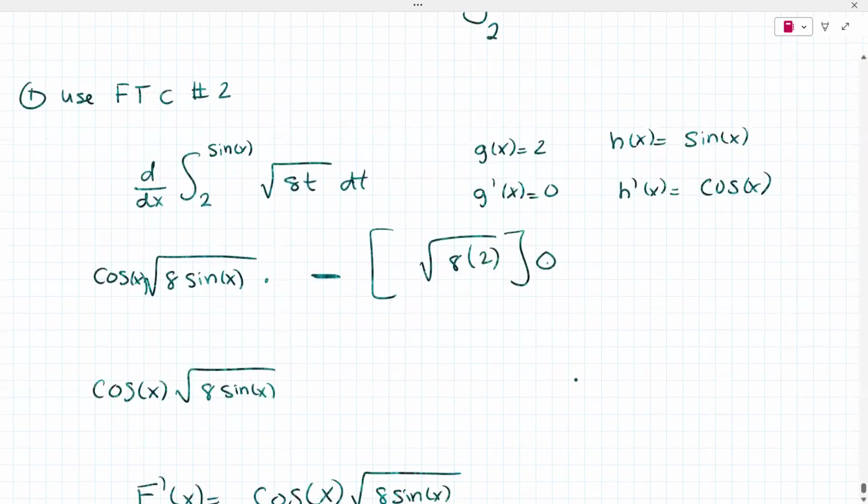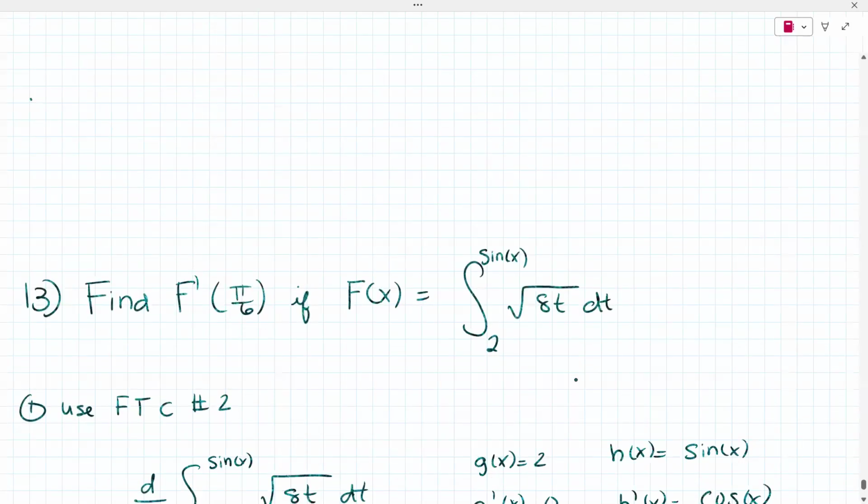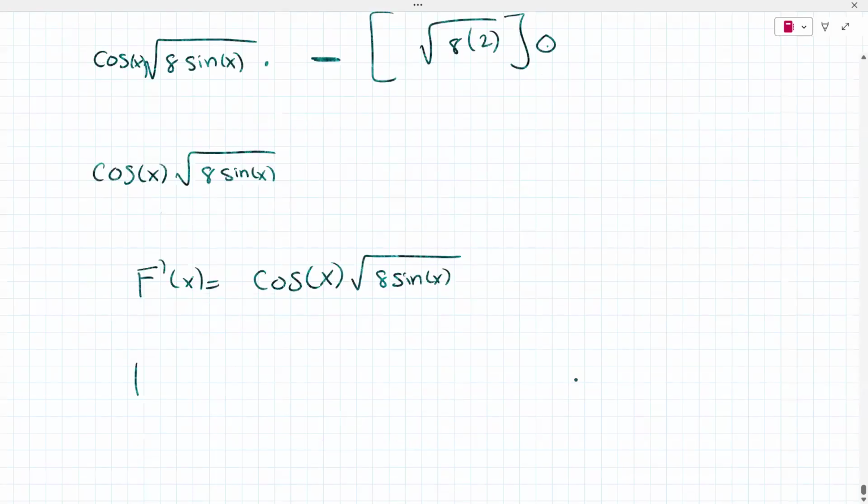And then step two, I would plug in my x value pi over 6. So they want to find f prime of pi over 6. Next, plug in pi over 6.